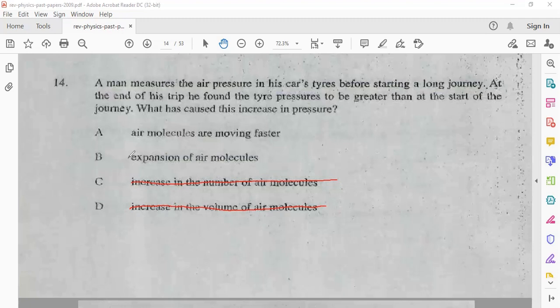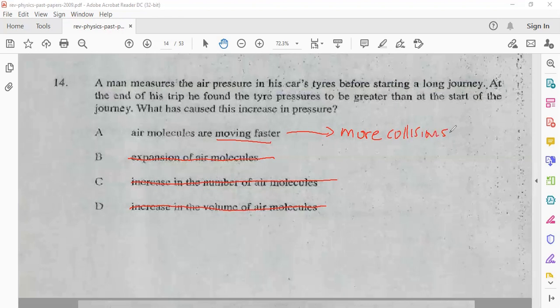Expansion of air molecules? No, air molecules don't expand in that sense. So what's happening is they're actually moving faster. More collisions. They're crashing into each other more and into the sides of the container more.